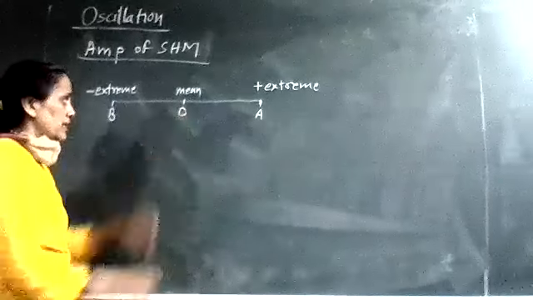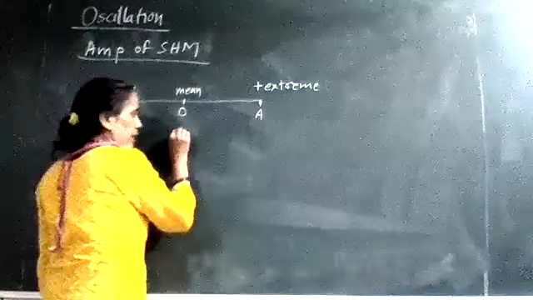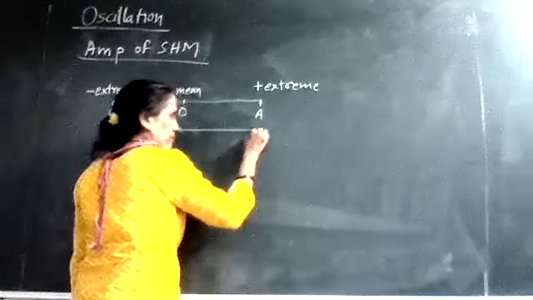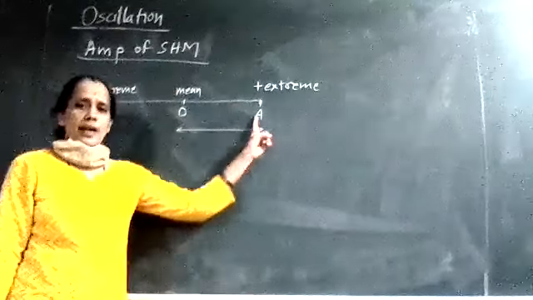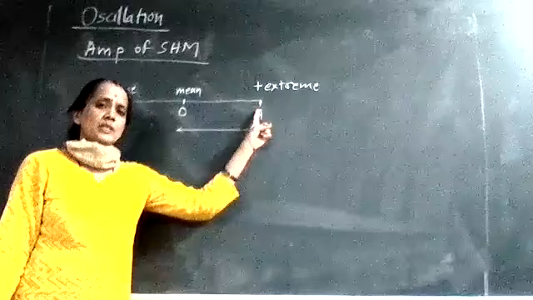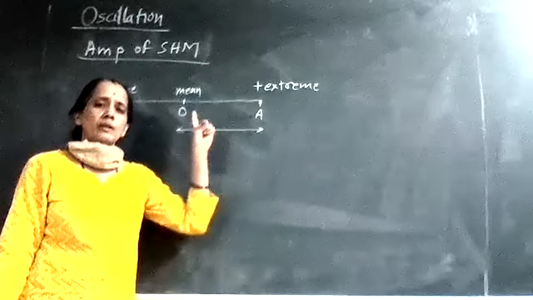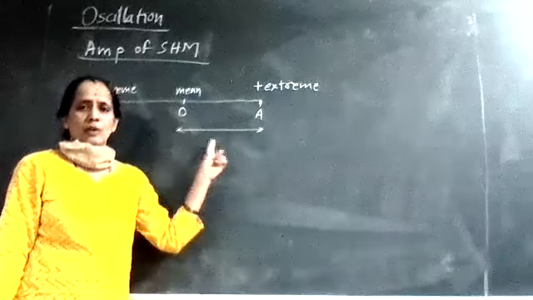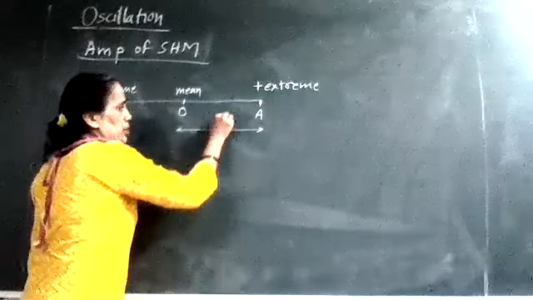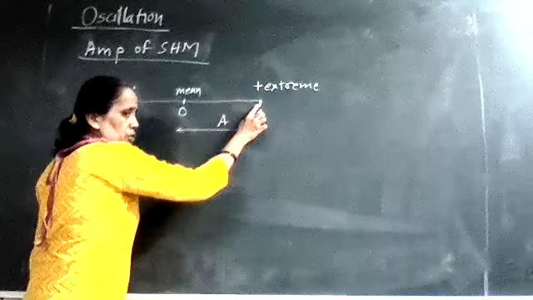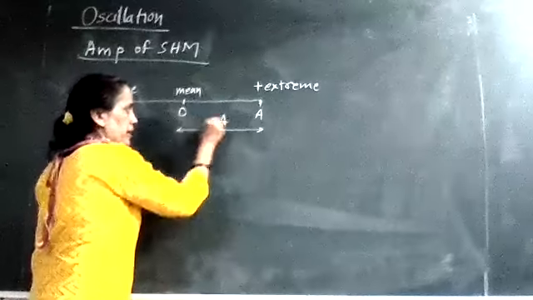When the particle is moving through a displacement from O to A, this is called the maximum displacement of a particle from the mean position, which is called the amplitude. But this amplitude lies on the positive x-axis, so I can write plus A.